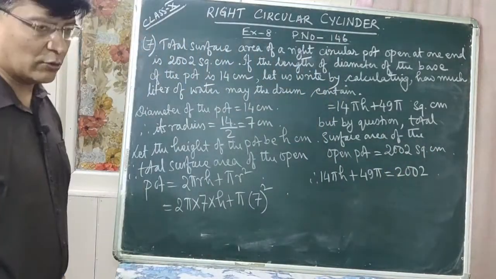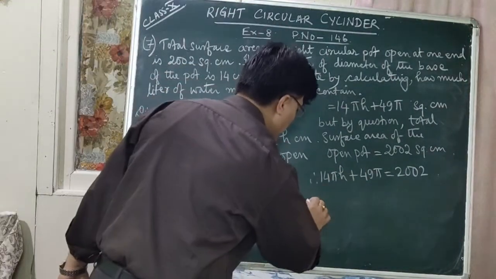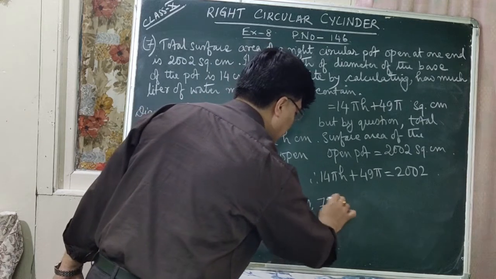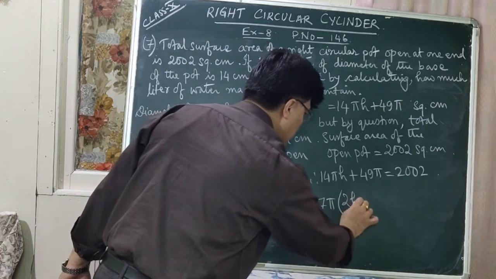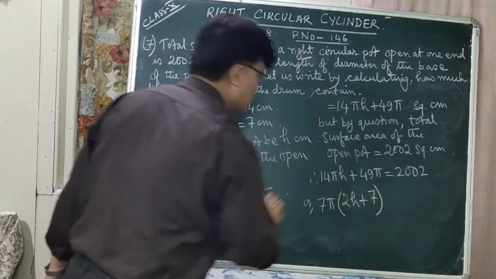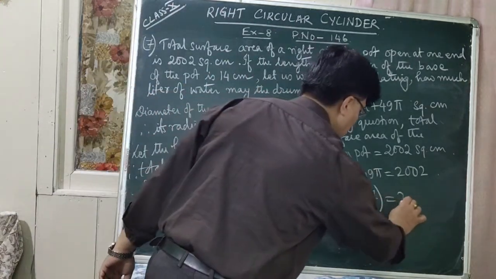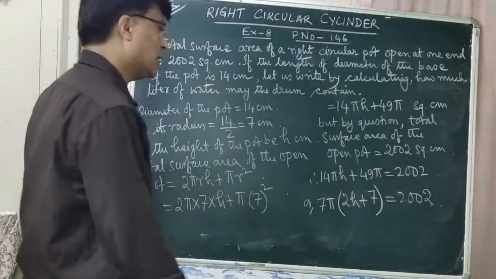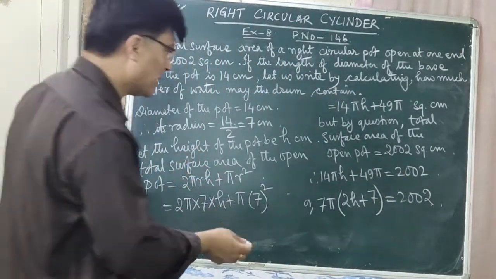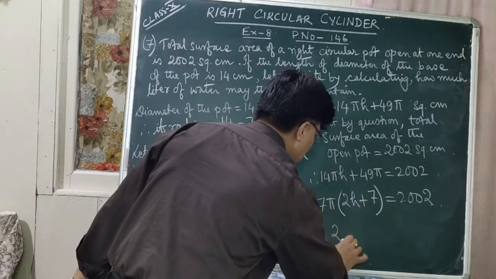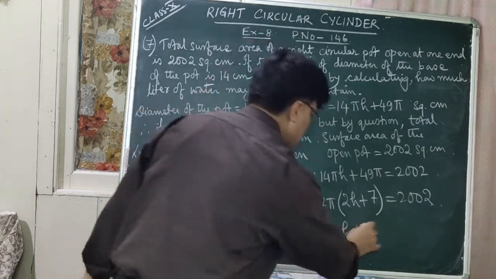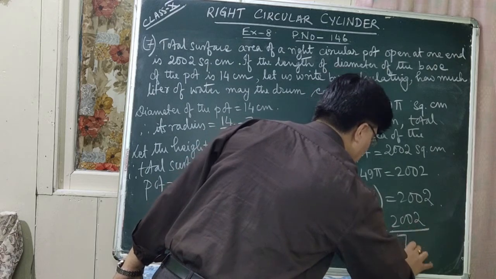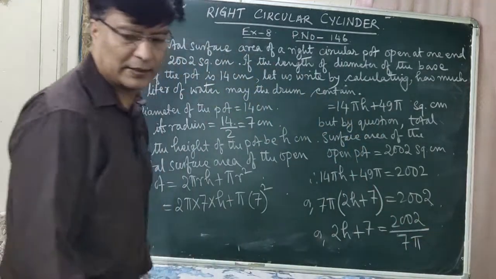So let us solve it now. What is common here? 7 pi is common within bracket, 2h plus 7 is equal to 2002. So let us take this 7 pi to the right hand side. So it is 2h plus 7 is equal to 2002 divided by 7 pi, right?